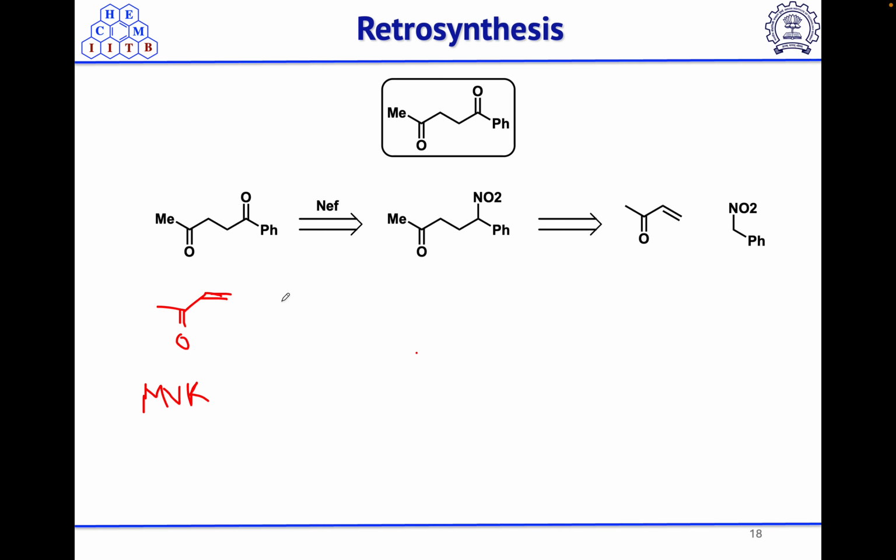Now nitromethane addition will take place. If you treat with any base like DBU, this carbanion will generate. Now Michael addition will take place, and you will get this compound, right?